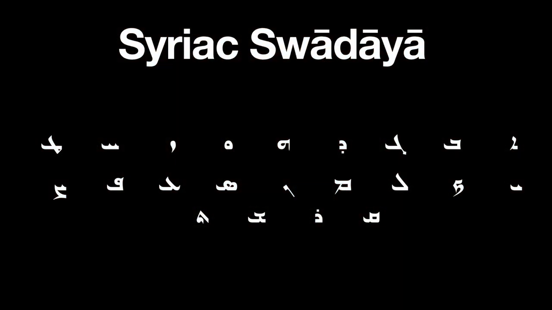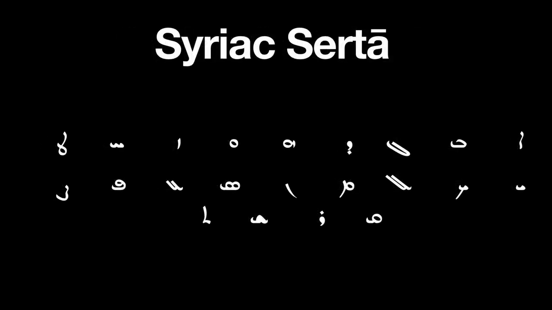In the East, we have this style called Swadoyo or Swadaya, and it tends to be used basically in places like Iraq. And in the western part of the Middle East, you have this style called Sirto, and Sirto is, again, another type of cursive.